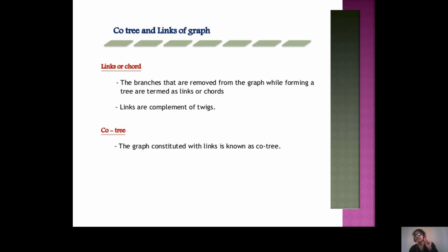The branches connected to the tree are twigs. The branches removed from the tree are links. Links are the complement of twigs. So a co-tree means the graph consisting of the links is known as a co-tree.